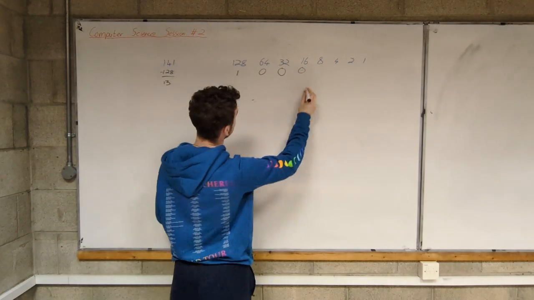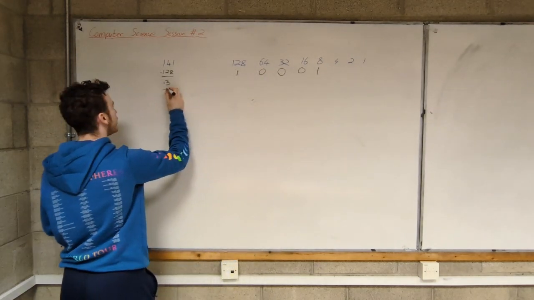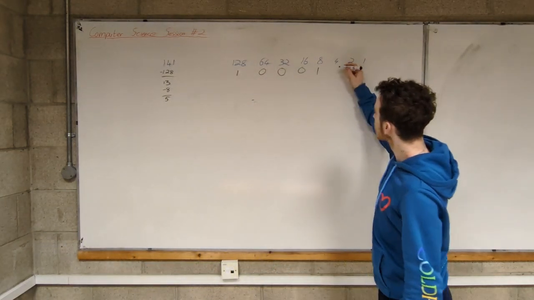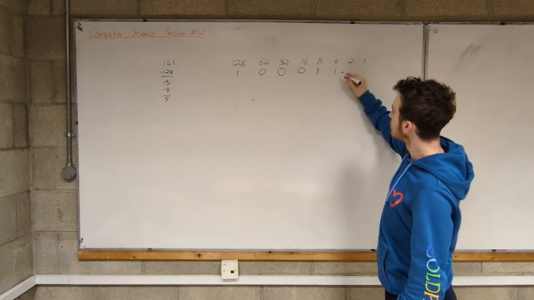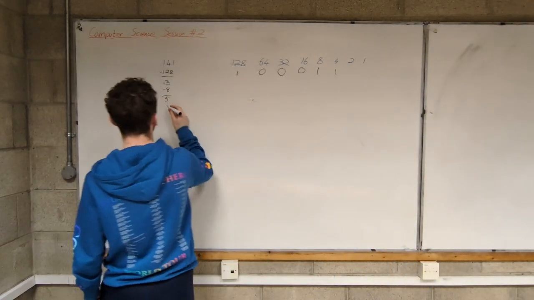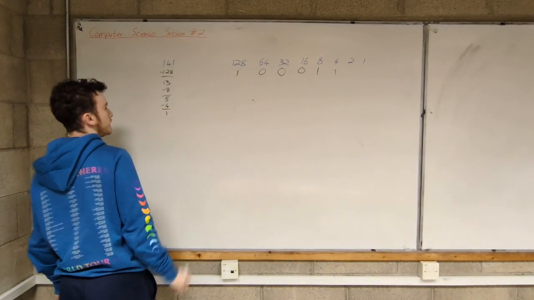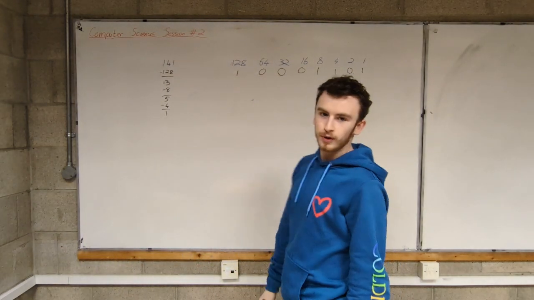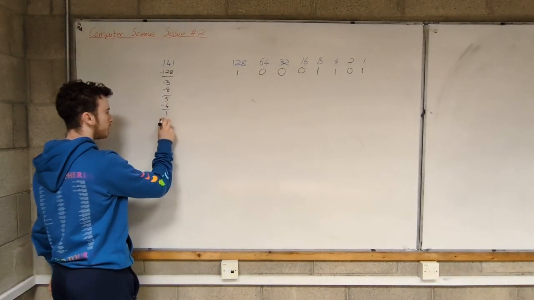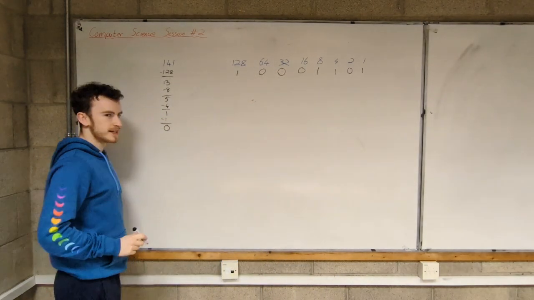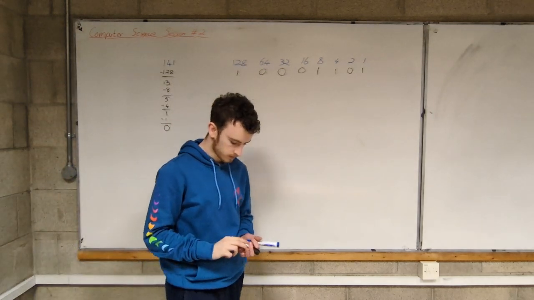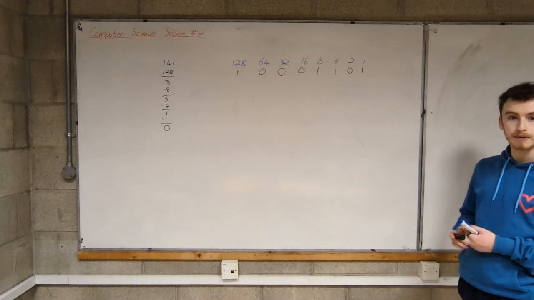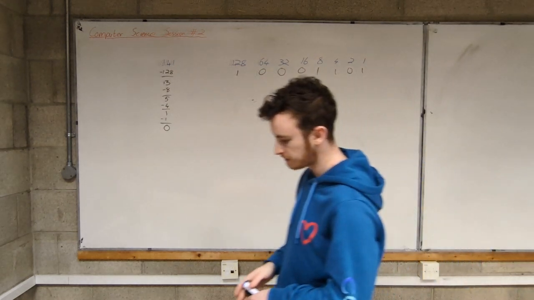Nope. 8? Yes. 13 minus 8 is 5. 4 into 5? Yes. Leaves us with 1. 2 into 1? Obviously doesn't go. And 1 goes into 1. 1 minus 1 is 0. So that's decimal to binary. Pretty straightforward, I think.